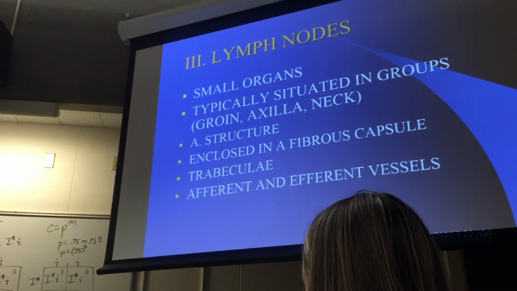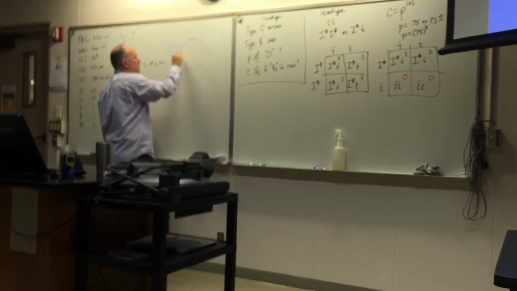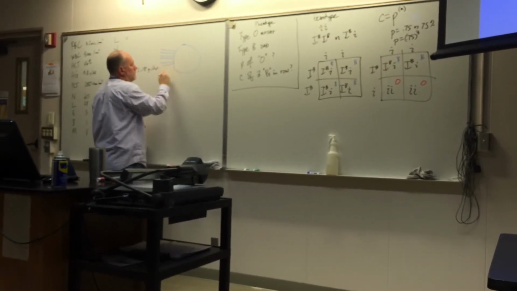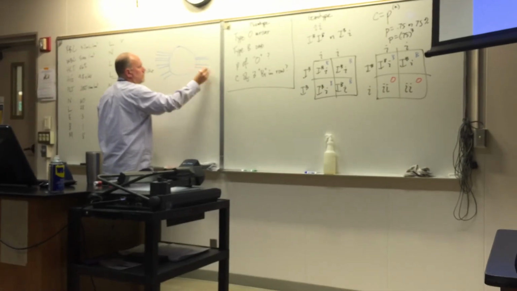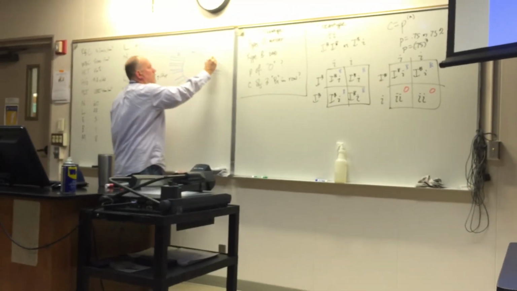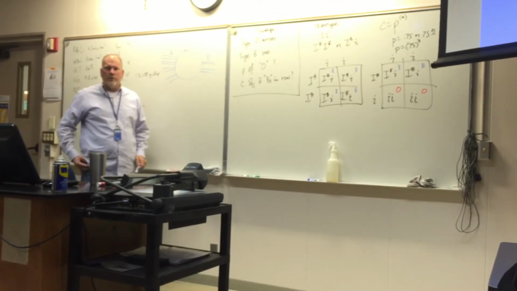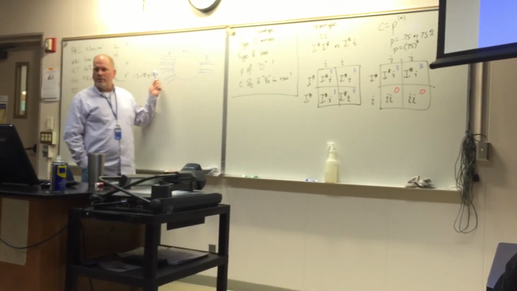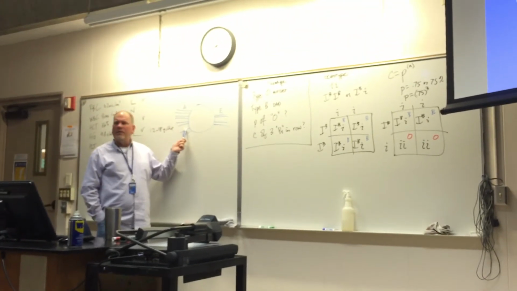Neurons, all right, but for lymph nodes, you've got a lymph node here, and you've got afferents going in and efferents going out. That will work. So what's in these vessels, this is a lymph node. We're going through. There's lymph in here.